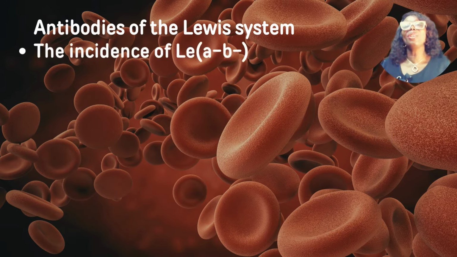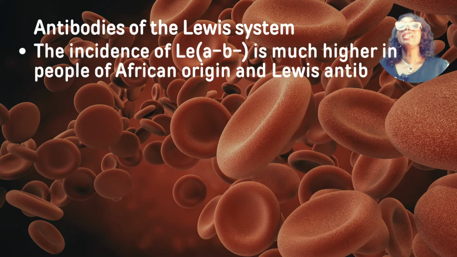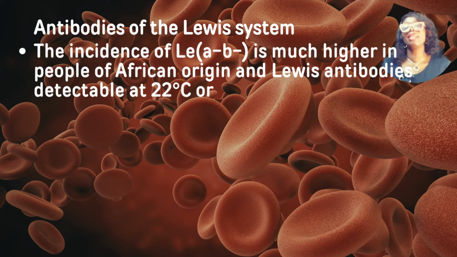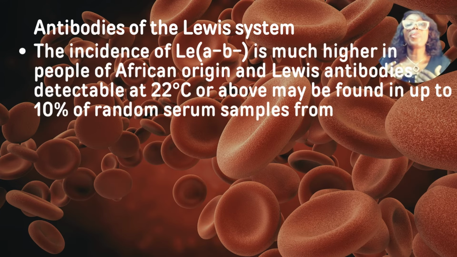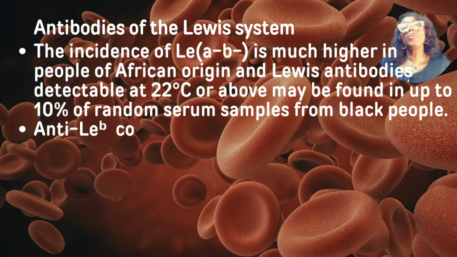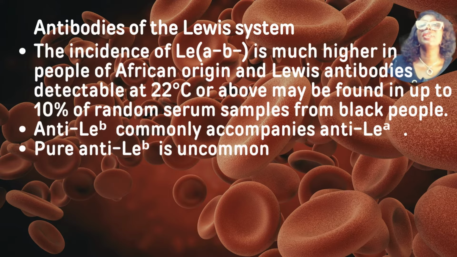The incidence of Lewis A minus, Lewis B minus phenotype is much higher in the people of African origin. Research has shown that the people of African origin have the capacity to be Lewis A minus and Lewis B minus more than the others.